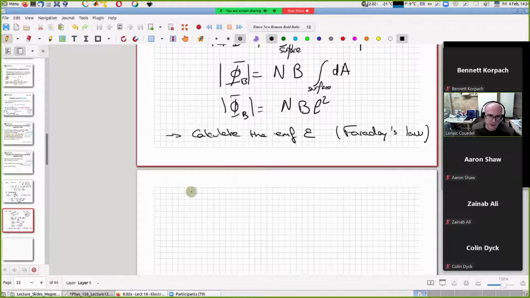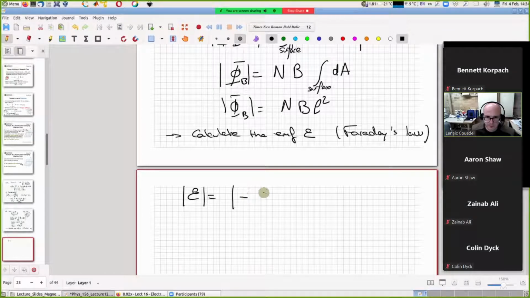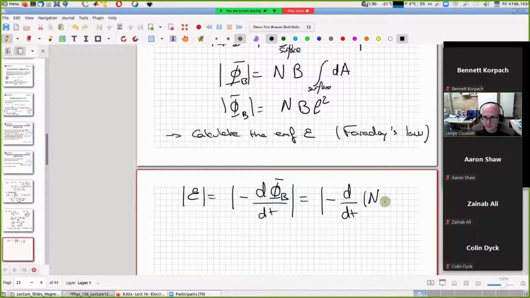So we have epsilon equal to the absolute value of d phi B over dt, equal to the absolute value of minus the derivative with respect to time of N B L squared. Does N depend on time? No. Does L squared depend on time?